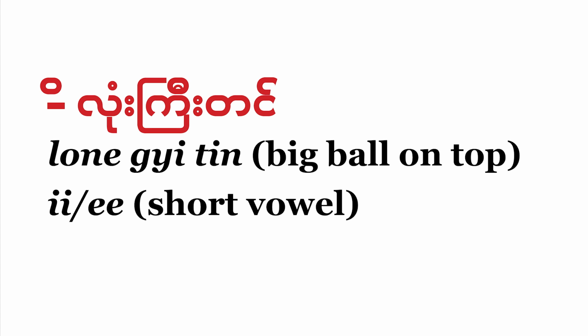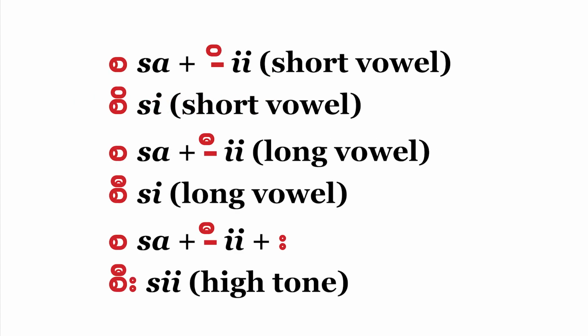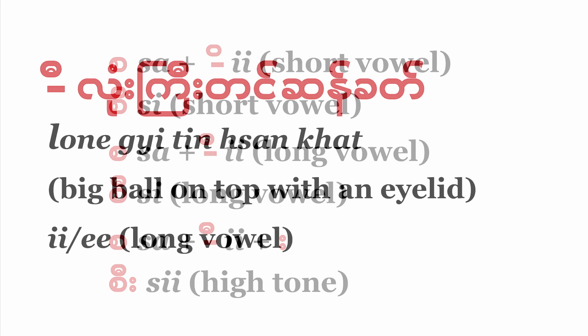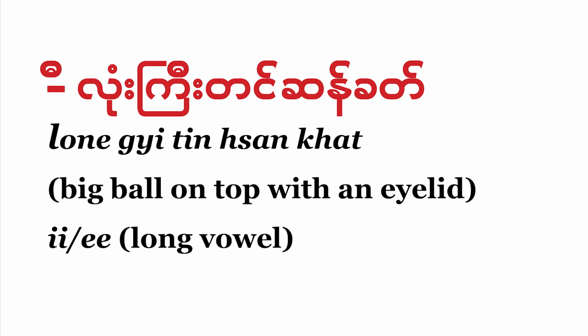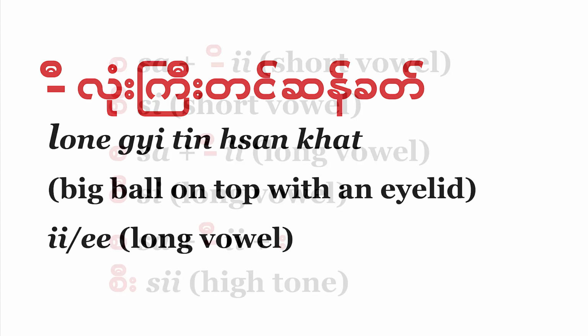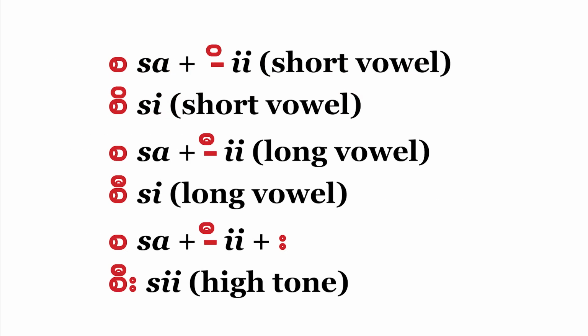For example, if you take the consonant letter sa long, or the round sa, and put the big ball on top, it becomes si, red with a short tone. Now if you add a little eyelid into that big ball, you get the diacritic called longjitin sanka, and that gives you the long tone for E. So if you take the letter sa, put the big ball on top, and then add an eyelid in the middle of it, it becomes si, no longer the short tone, but the long tone.